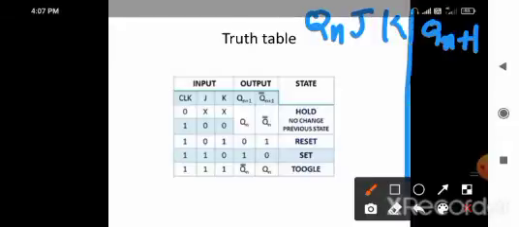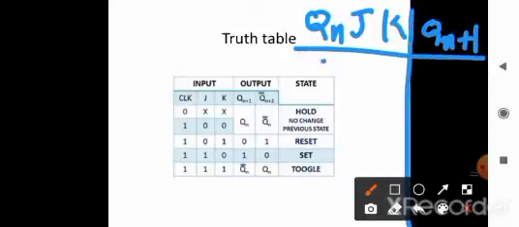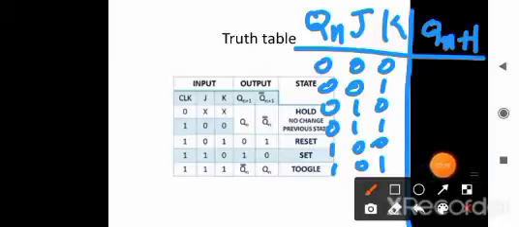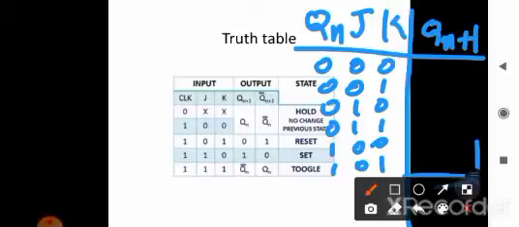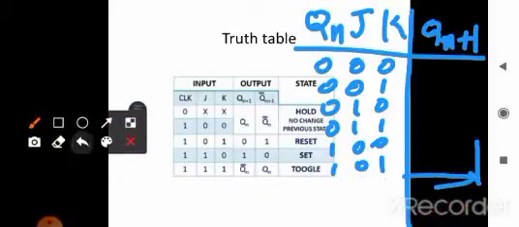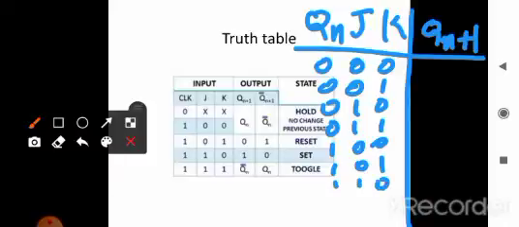So it is a 3-bit input, and we take 0 0 0, 0 0 1, 0 1 0, 0 1 1, 1 0 0, 1 0 1, and 1 1 0 and 1 1 1.